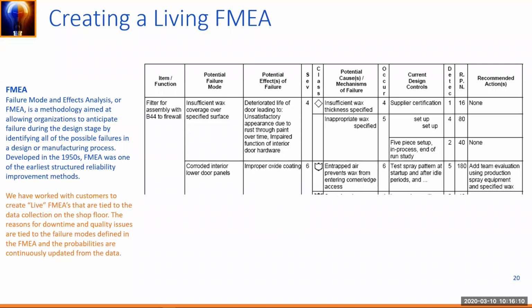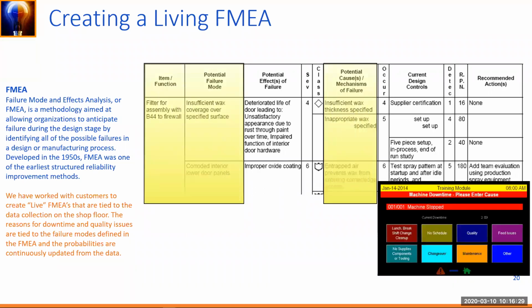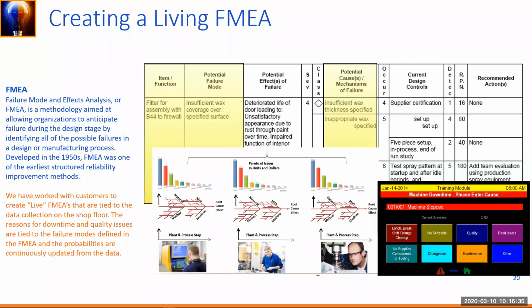Furthermore, we can track the effectiveness of those different recommended actions to be able to say, if we had this failure mode occur and we took this remediation step, did that actually improve the process? So being able to create this in a closed loop environment, collecting the information from the shop floor, from the machine itself, or from the operator, or both, and then tying that back into the analysis makes the FMEA a significantly more valuable tool.